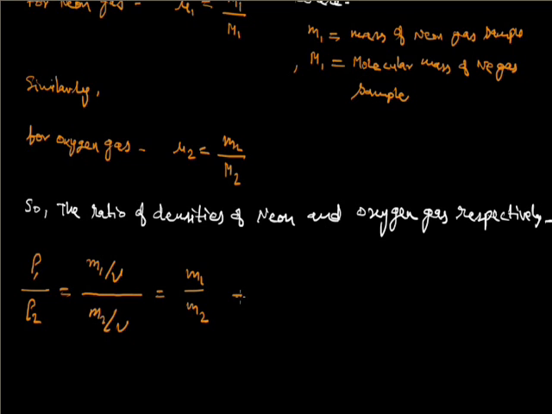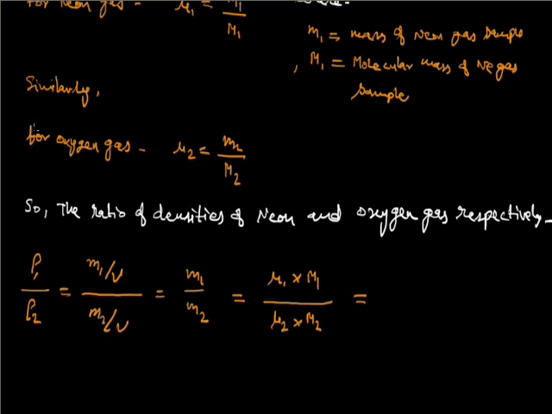Again, it can be simplified from the above equations in terms of moles present in the gas: m1 equals mu1 multiplied by capital M1, and m2 equals mu2 multiplied by capital M2.